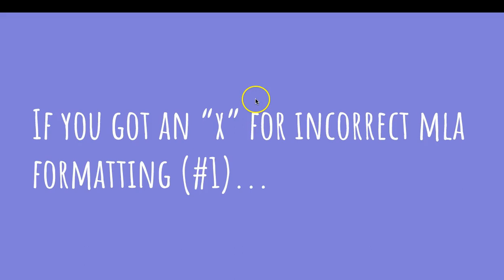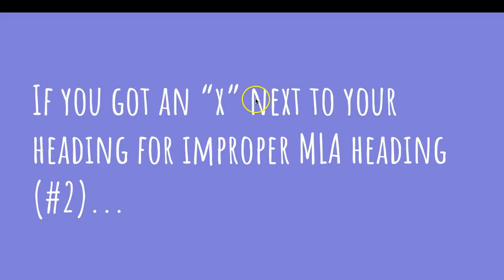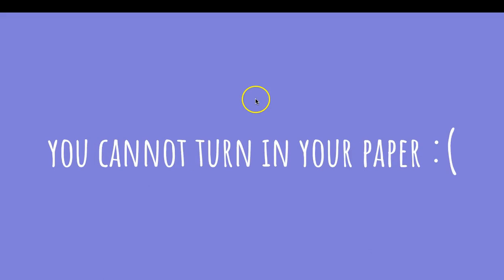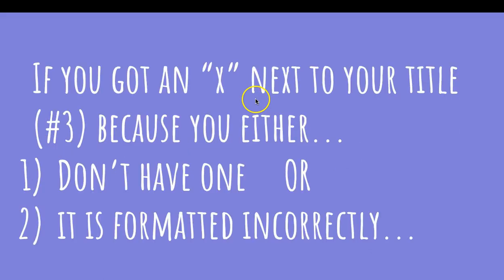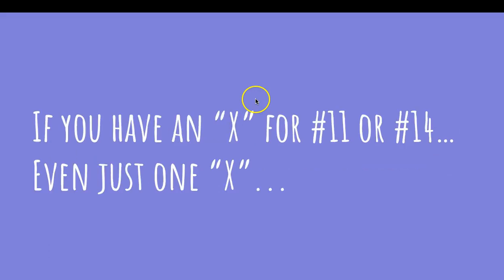If you got an X for incorrect MLA formatting, number 1, you cannot turn in your paper. If you got an X next to your heading for improper MLA heading, number 2, you cannot turn in your paper. If you got an X next to your title because you either don't have one or it is formatted incorrectly, you cannot turn in your paper.